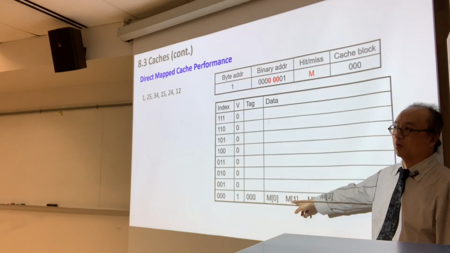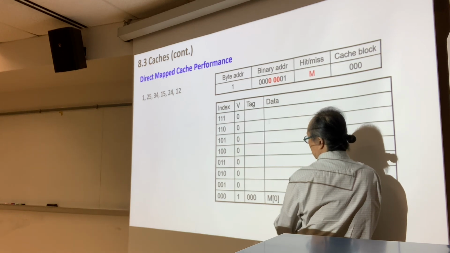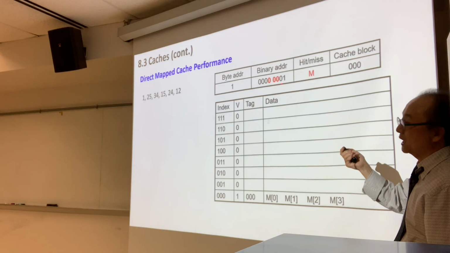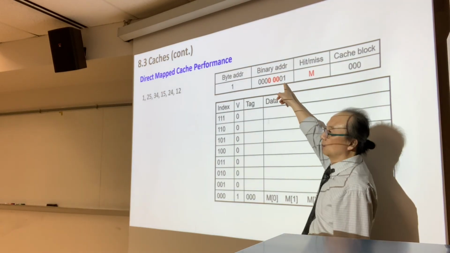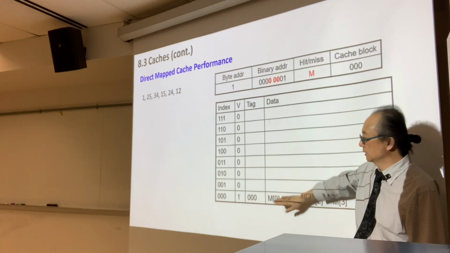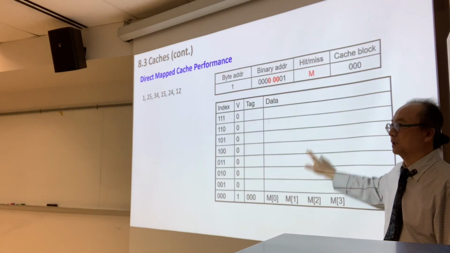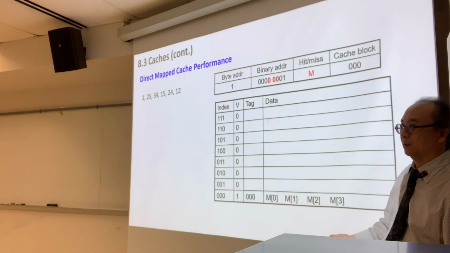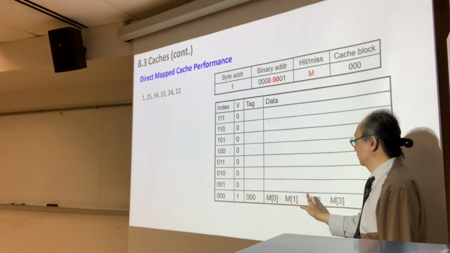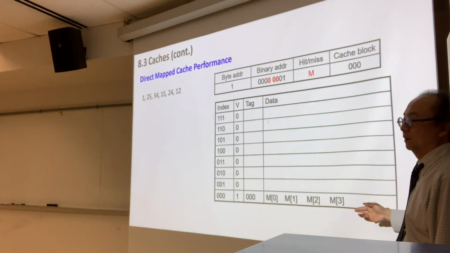We call memory address 1, and I need to bring my buddies M0, M2, and M3. This offset 0, 1 will give us the exact byte location, and we are using big endian. If it doesn't say anything, by default we are using big endian. Therefore 0, 1, 2, 3. That's the whole block we need to bring to cache.